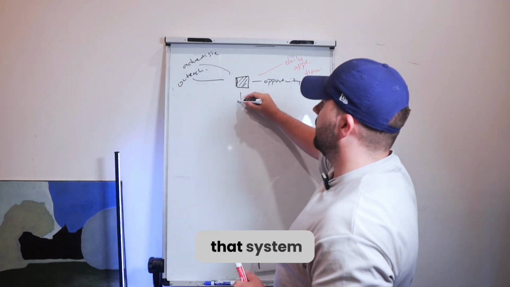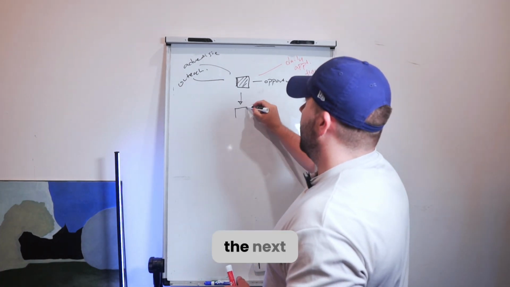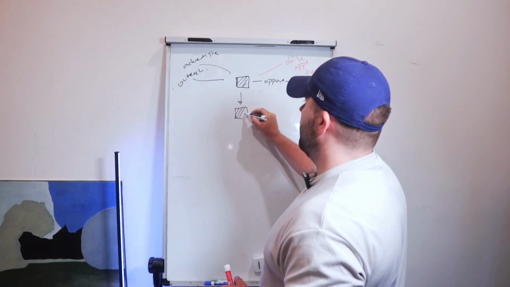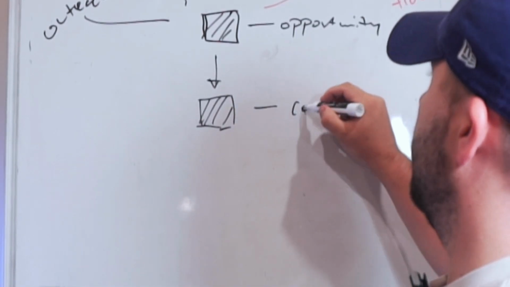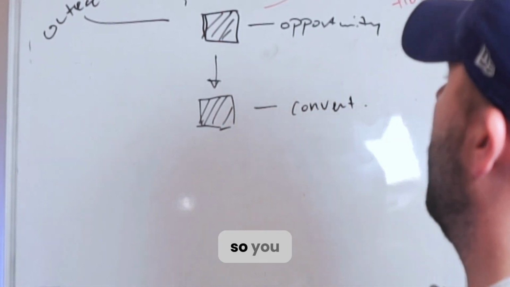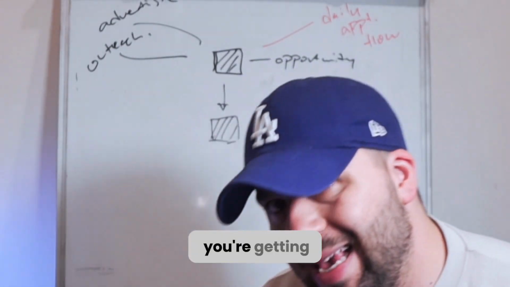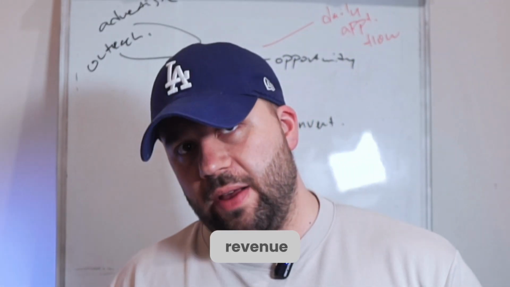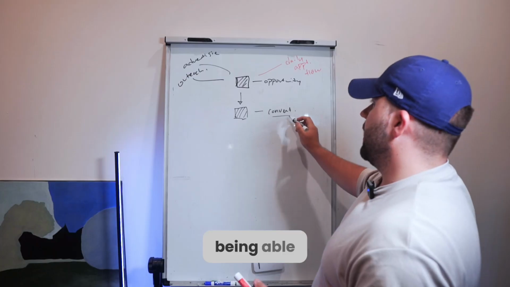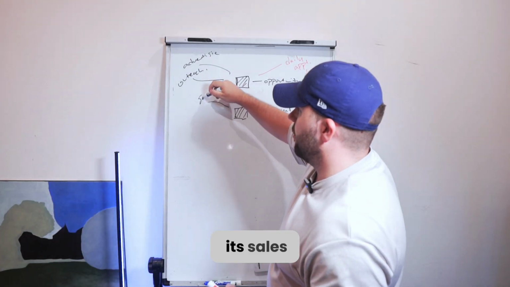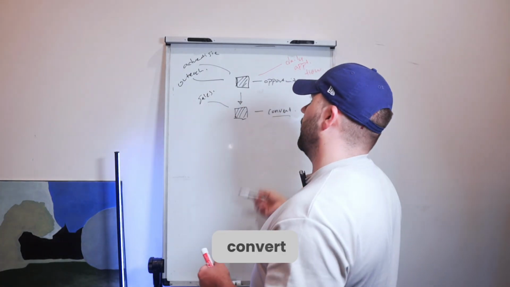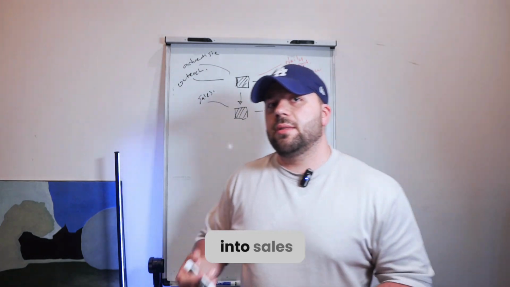Once you've got that system in place, the next system is a system to convert. You need to be able to convert the opportunity that you're getting into actual revenue, money in the bank. Being able to convert is sales. You need to convert the appointments into sales.